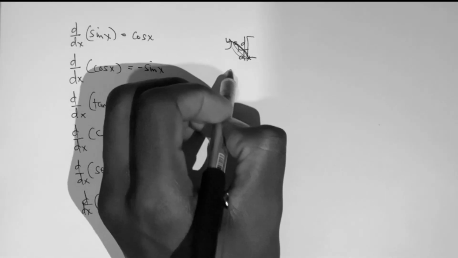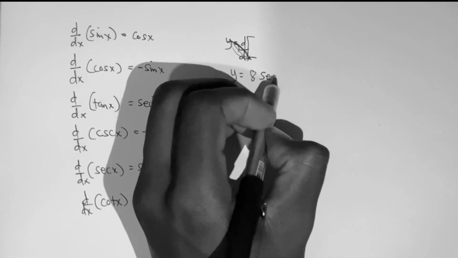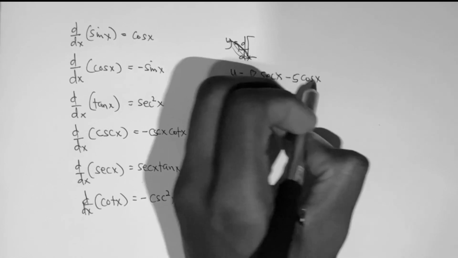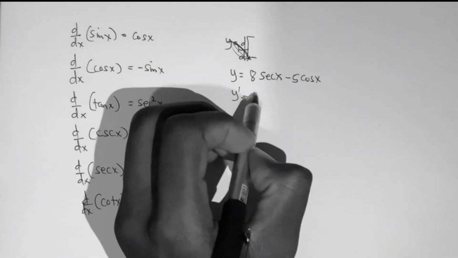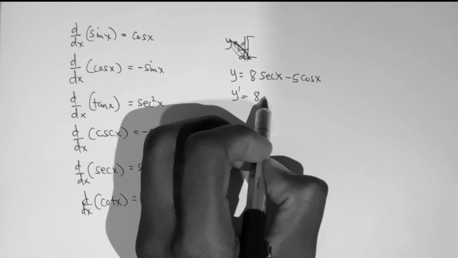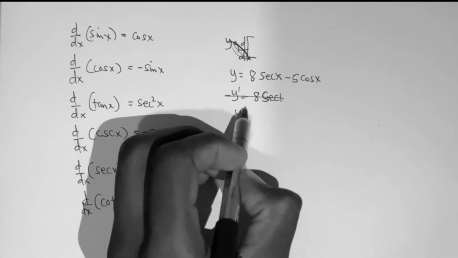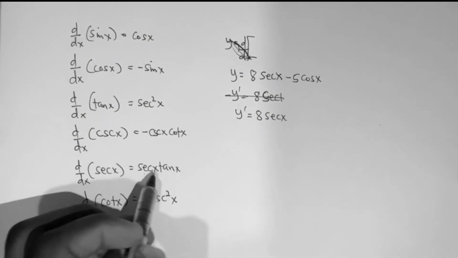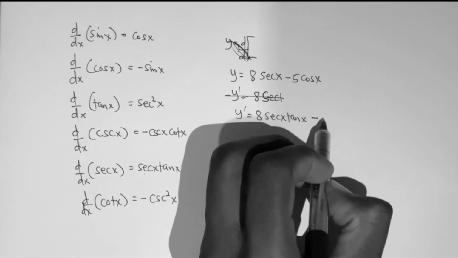So using this understanding, if y is equal to 8 sec x minus 5 cos x, what is y prime? So y prime is equal to 8. If you differentiate sec x, you are going to get sec x tan x, so y prime is equal to 8 sec x tan x, then minus 5.